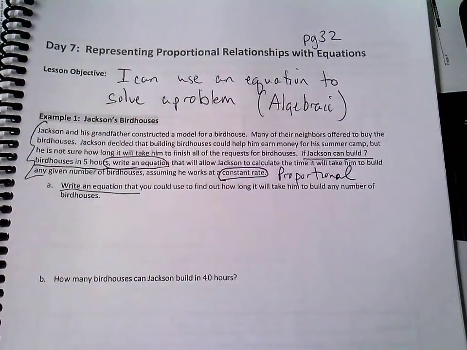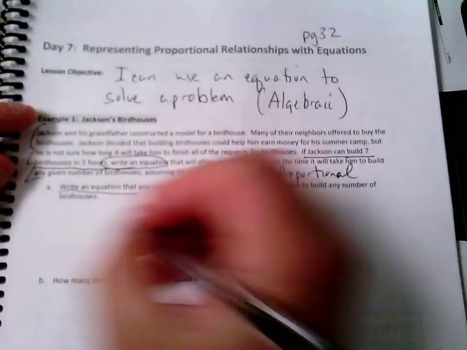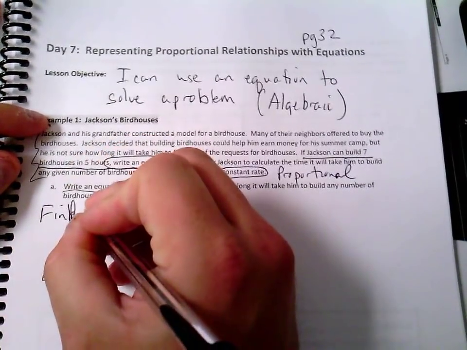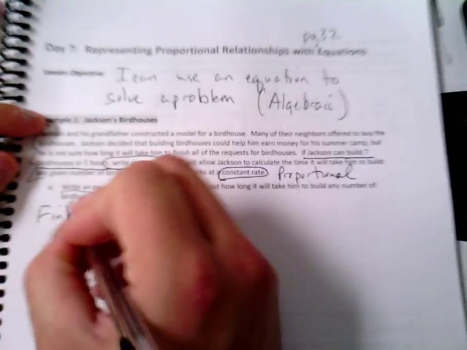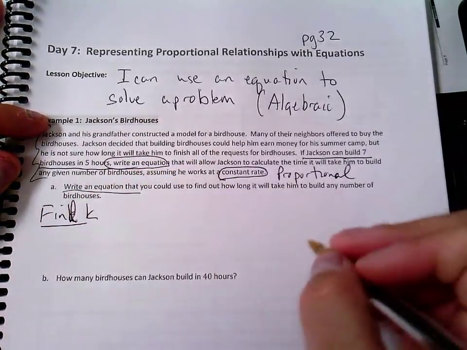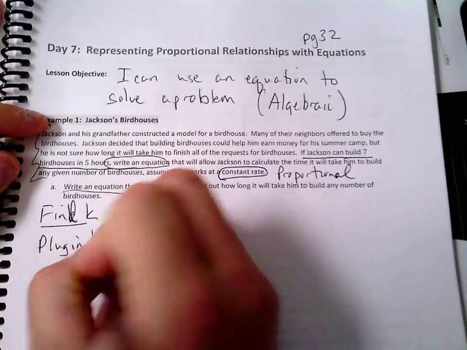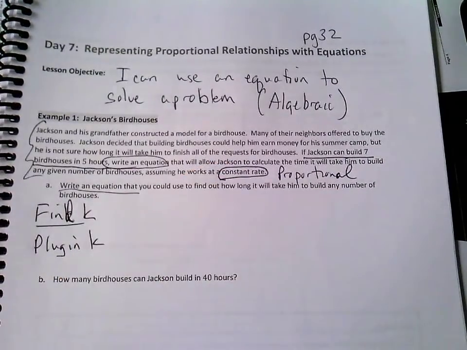All right, so we're going to write an equation. Remember, the steps from the previous lesson were to find K, apologize for my handwriting here, and then plug in K. Remembering that K is your constant of proportionality, or remember, it's just the unit rate.